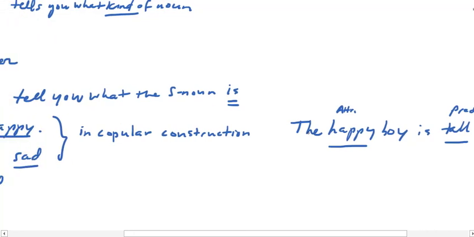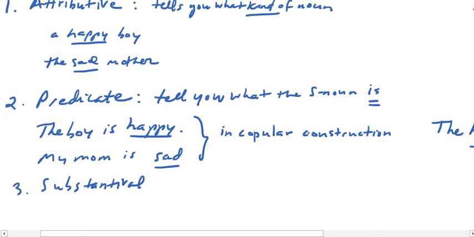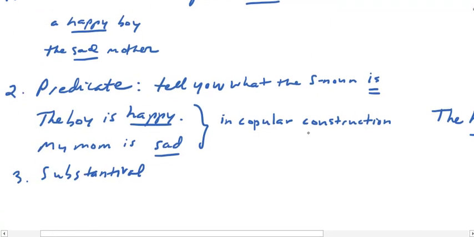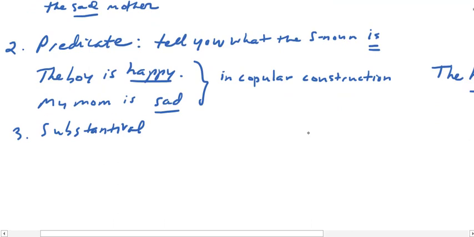So be very careful here. Okay. All right. Now, the last kind of adjective use is what's called the substantival use. Let me just put in parentheses. A substantive is a noun. Or it's a noun or something that functions like a noun.